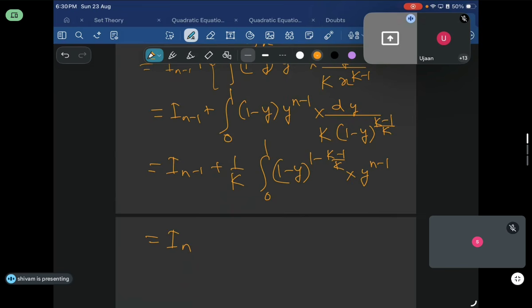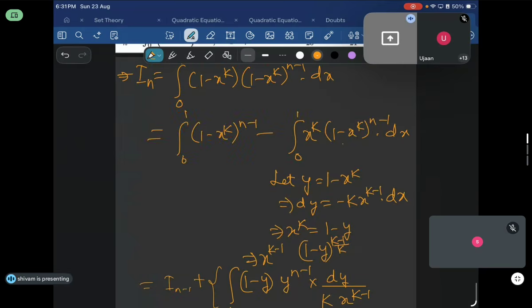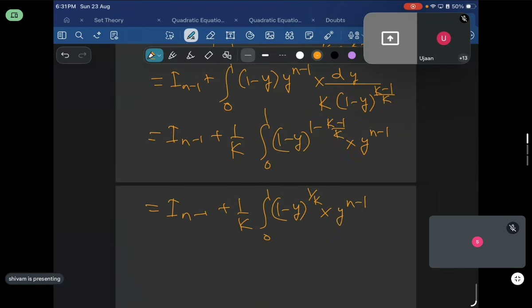Okay, this will become n minus 1 plus 1 by k integral from 0 to 1, 1 minus y whole to the power k minus 1 by k, into y to the power n minus 1. Let's see, are we getting any form? No, we are not getting any far.